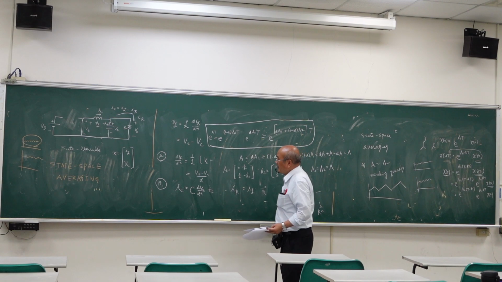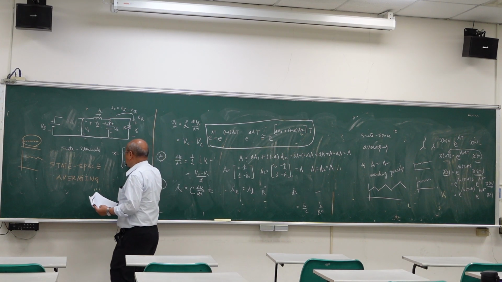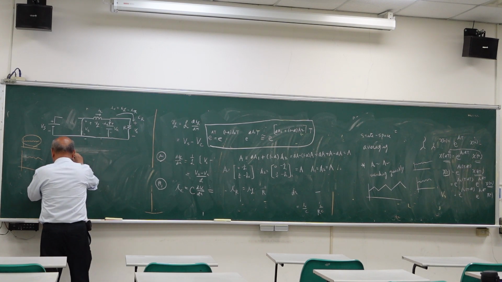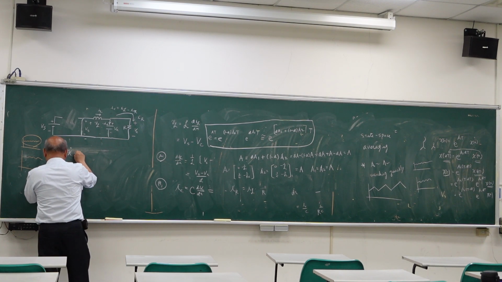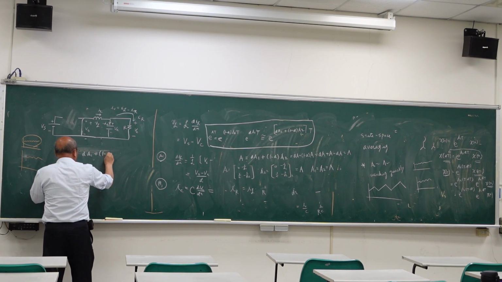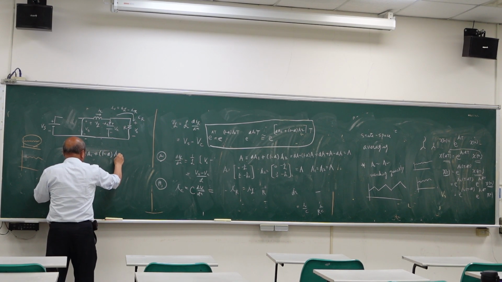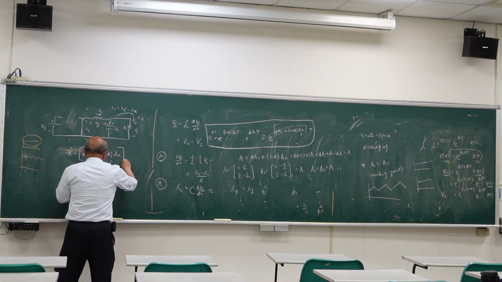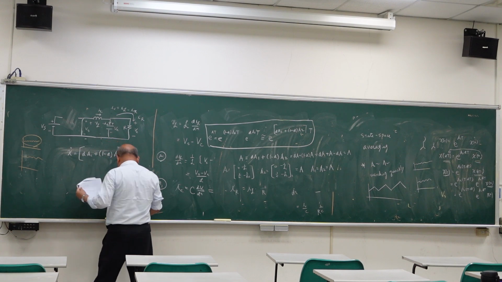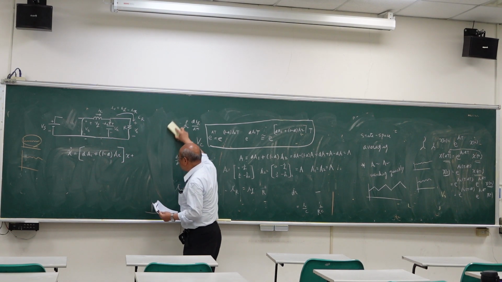So now we have two systems, A1 and A2. So we say we have X dot is dA1 plus 1 minus dA2, so we use averaging X, plus the next one.